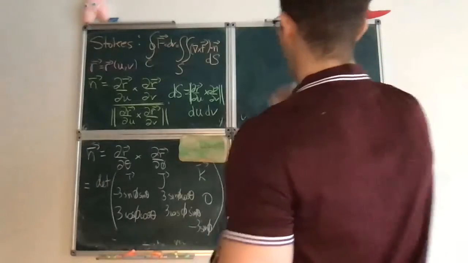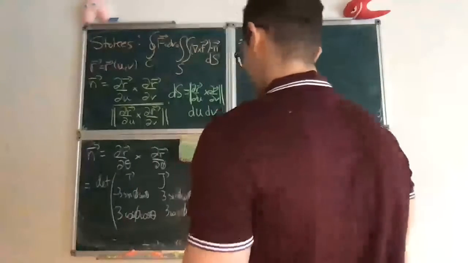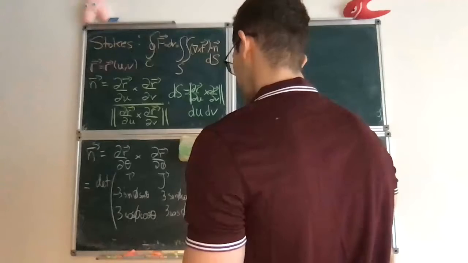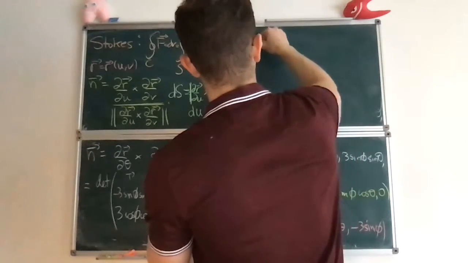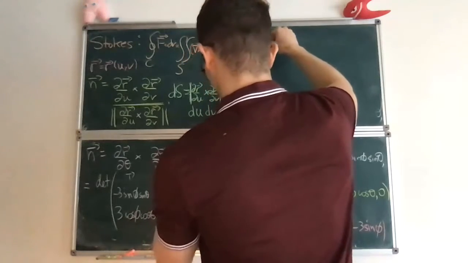You get -9 sine squared of phi cosine of theta.